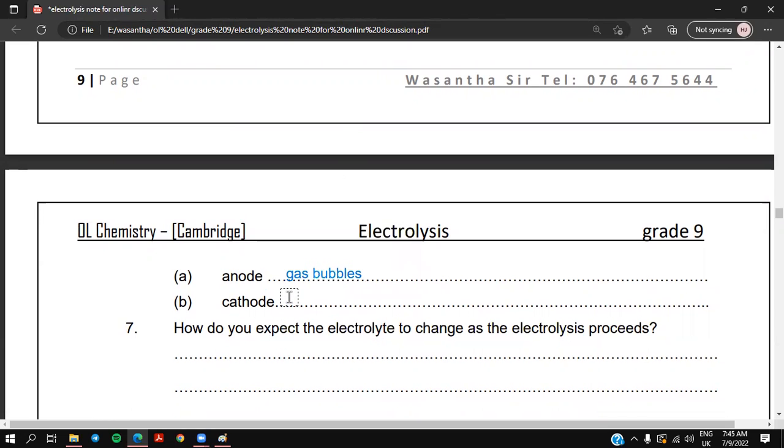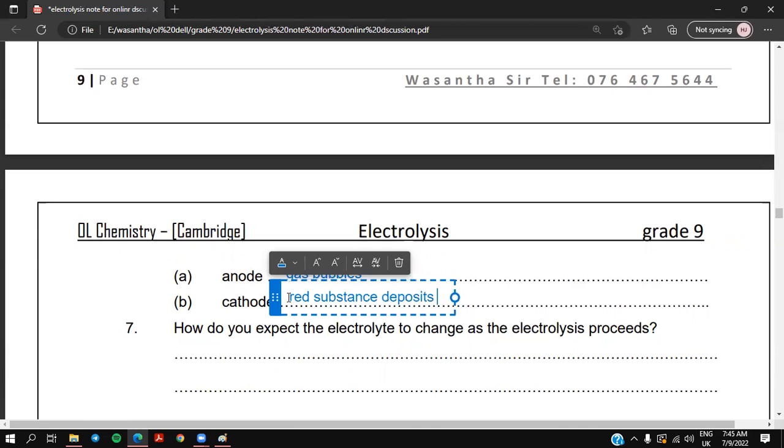Cathode, red substance deposits on the cathode.